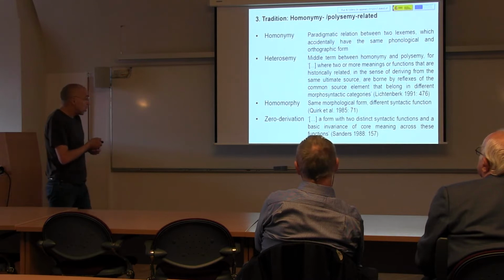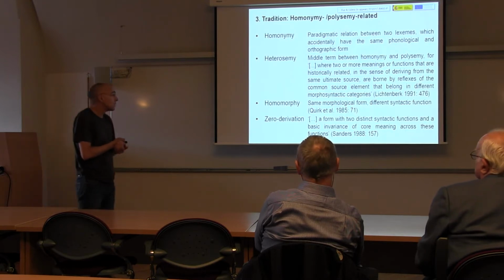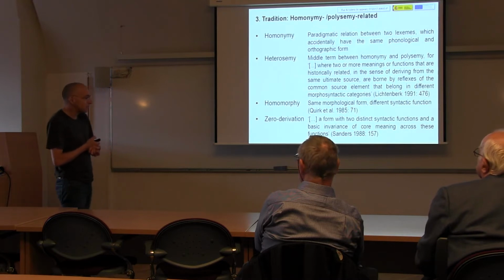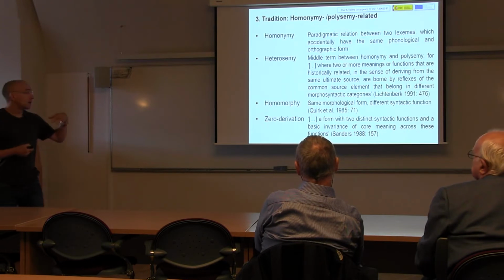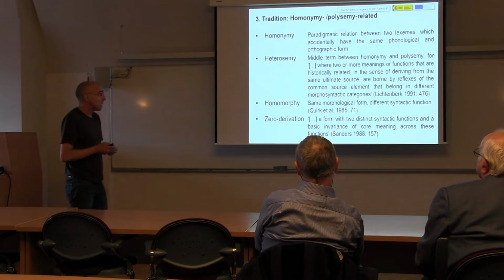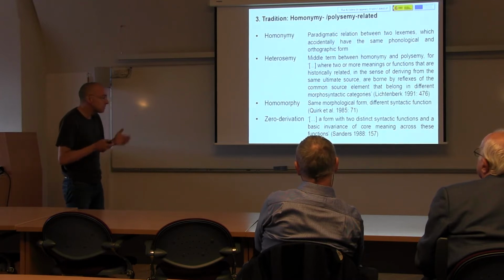Then there is the term homomorphy, which was, as far as I know, coined in this manual by Quirk, Greenbaum, Leech, and Svartvik. Interestingly, homomorphy is presented along with homonymy and also with other cases of formal identity or formal contrast, like, for example, synonyms, antonyms.